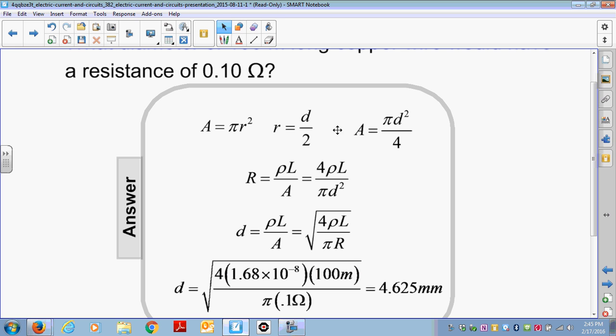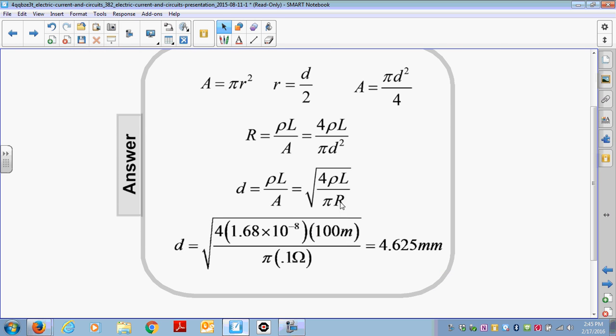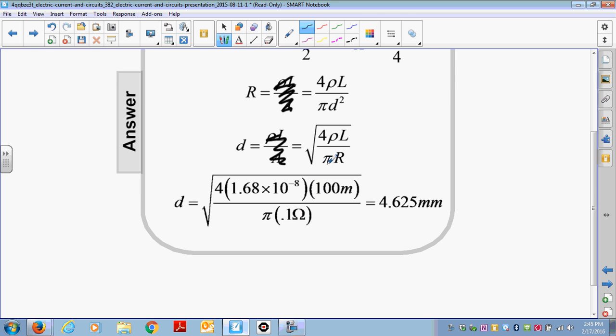Okay, if we substitute this in for A right here, we end up with 4 rho L over pi d squared. Okay, solve for D, ignoring this piece right here. They left it in, but you don't need to. So there we go. And D is equal to the square root of 4 rho L over pi r.